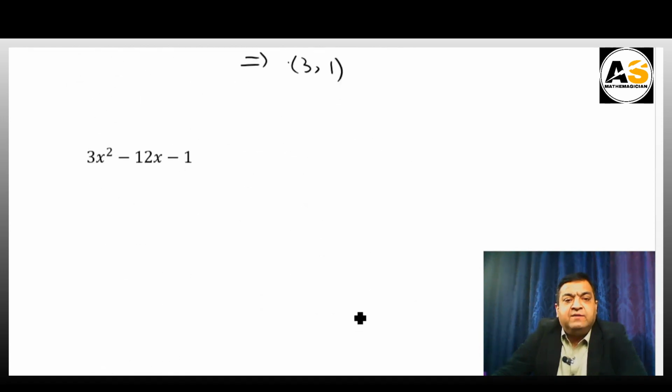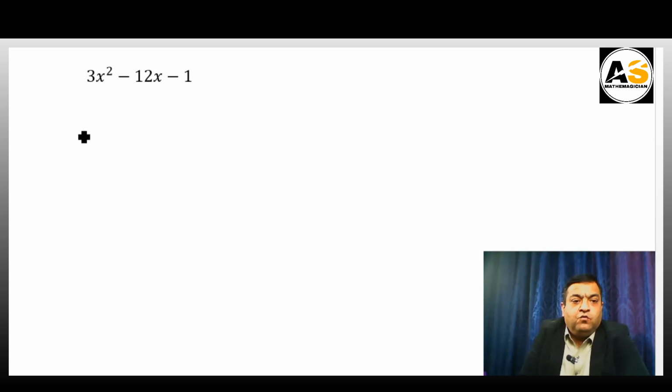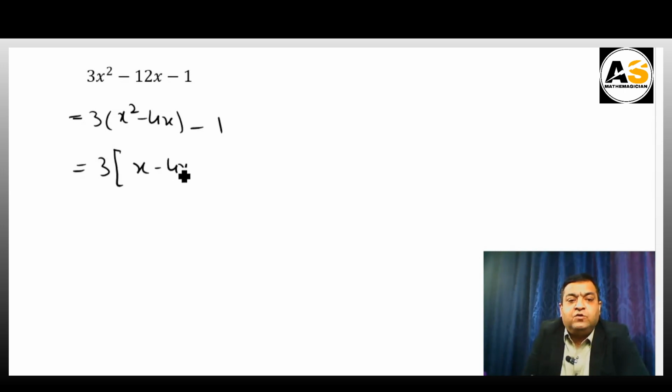Second example of same sort, now coefficient is positive but it is plus 3. We will take 3 common from the first two terms, x square minus 4x we will get. Now half of coefficient of x is minus 2. We will add and subtract the square of minus 2. First three terms will again complete the square.